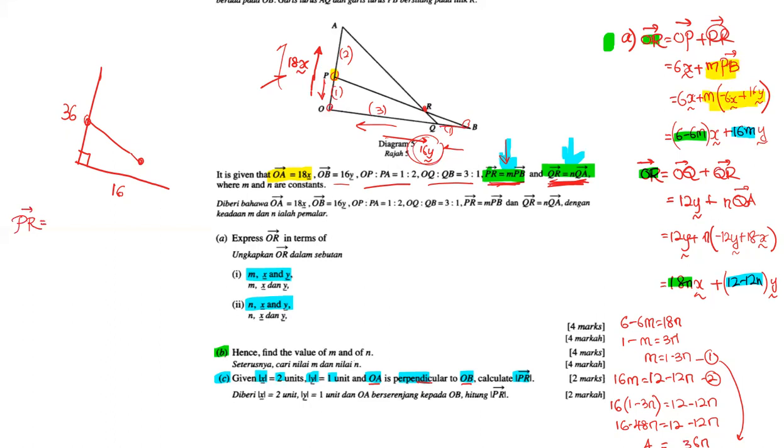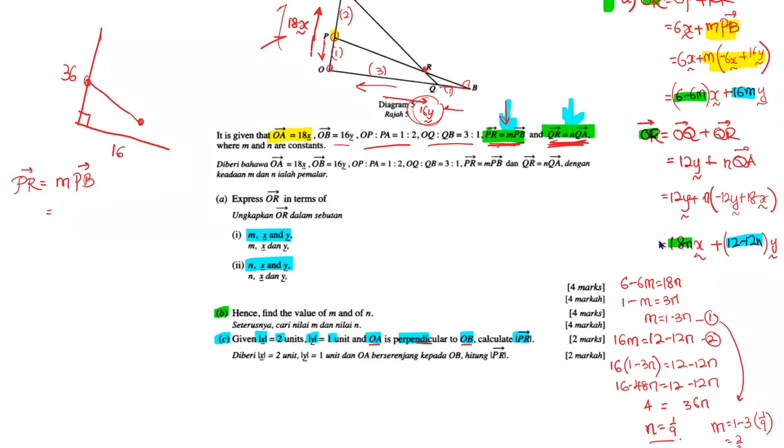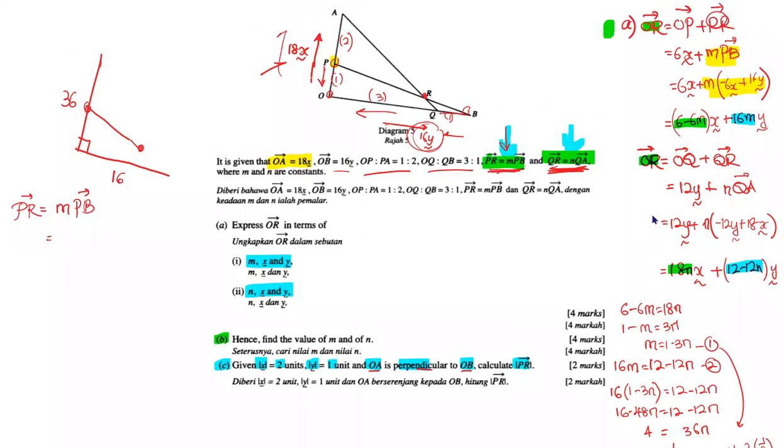So let's put in PR is m PB. M, I know it is how much? M is 2 over 3. PB is negative 6x plus 16y.